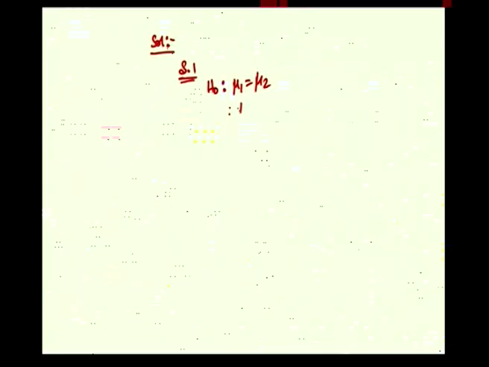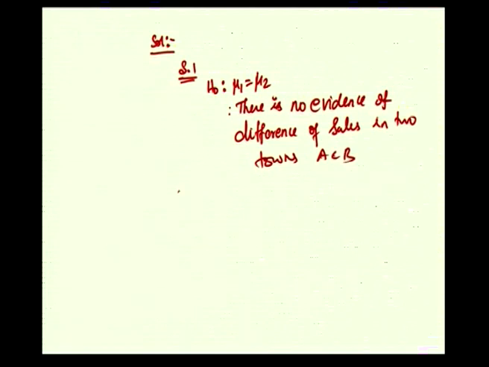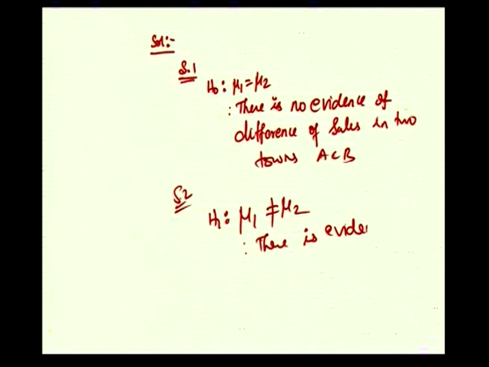So, according to H naught, there is no evidence of difference of sales in two towns A and B. Then step 2, H1 says that mu 1 is not equal to mu 2. So, there is evidence of difference of sales in two towns.